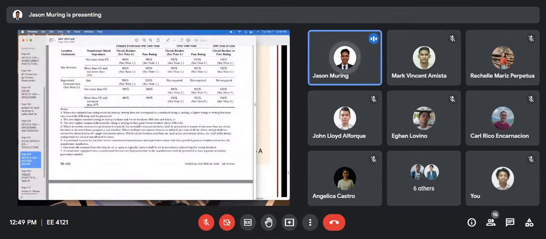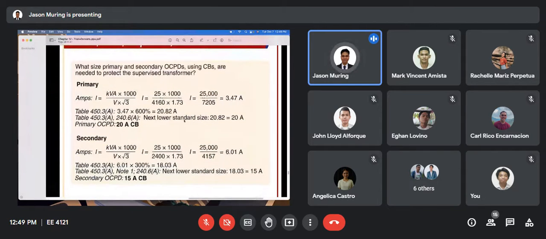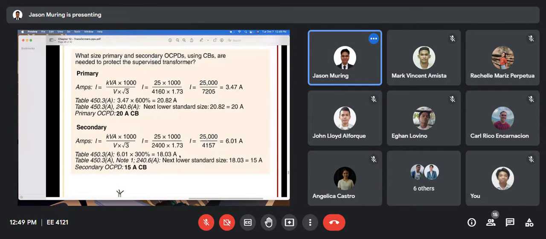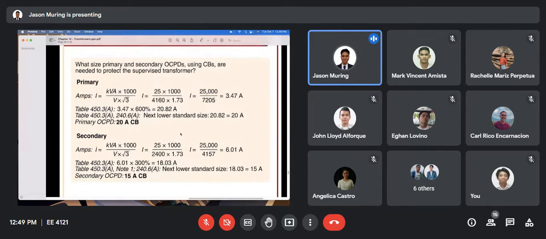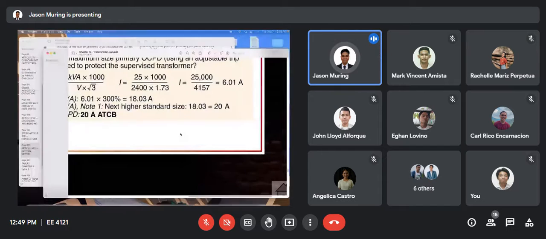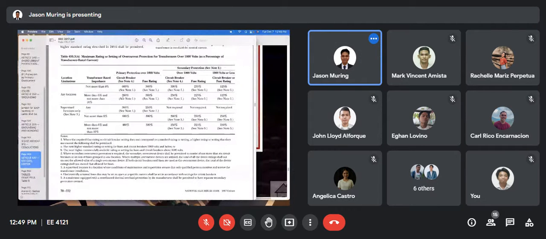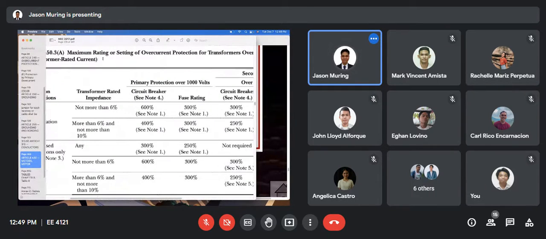So actually I cannot see. So why is this next lower? Because it's not stated in the code. So why do we have to use next lower standard? Okay, so all that is being stated here. Actually this is the maximum rating now.